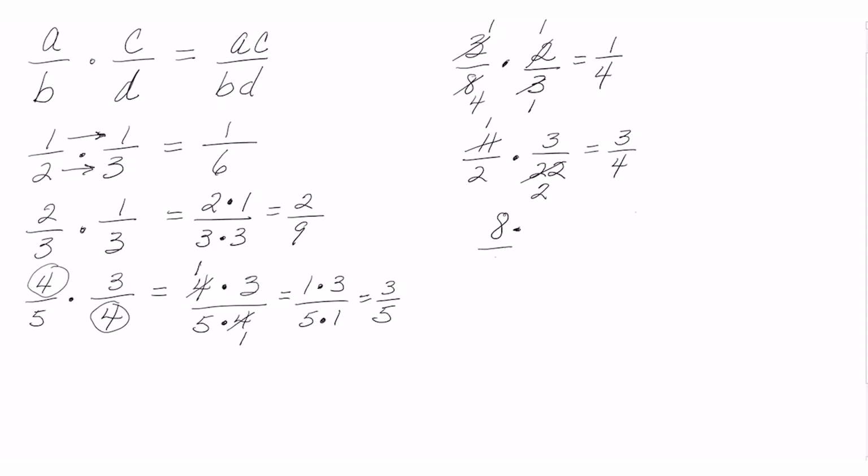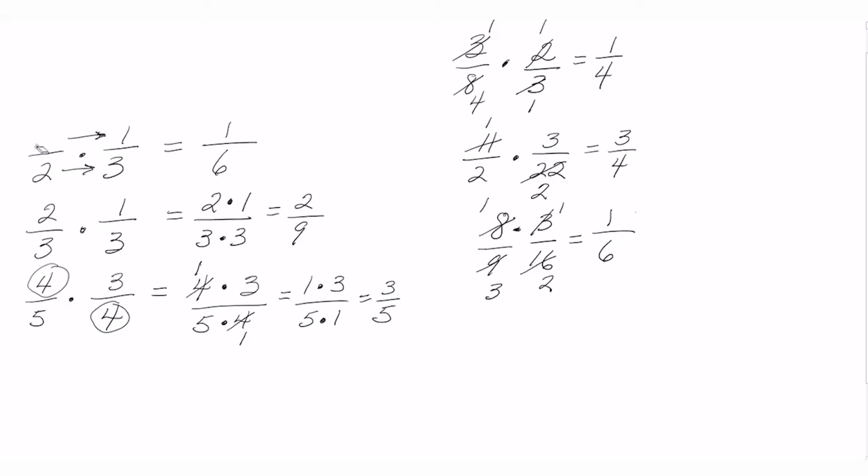So let's do 8 over 9 times 3 over 16. Okay, so we can say that 8 goes into 8 once, 8 goes into 16 two times. We can say that 3 goes into 3 once, and into 9 3 times. So our answer here is going to be 1 times 1 is 1, over 3 times 2 is 6. So our answer is 1/6. Once again, we don't have to reduce because we have canceled out along the way.